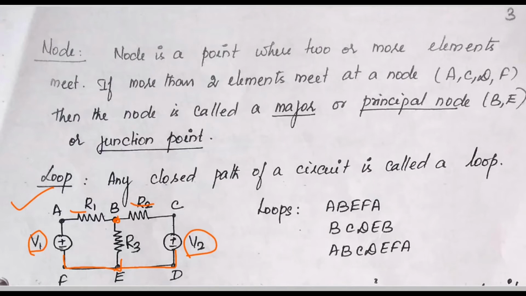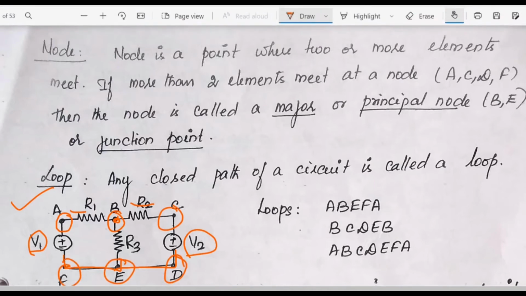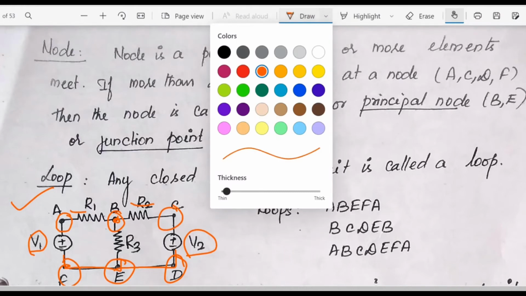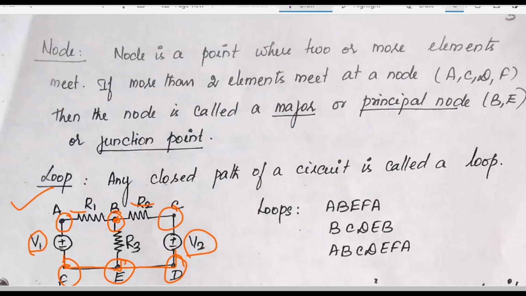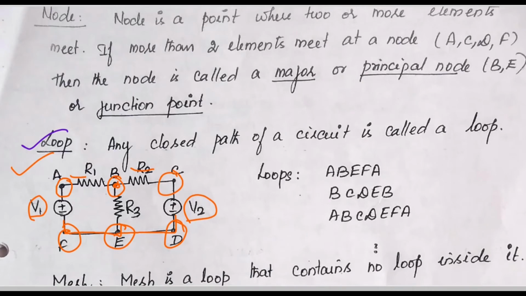So a node is where two or more elements meet. Here the points can be marked as A, B, C, D, E, F. See here, at point A two elements are connected.